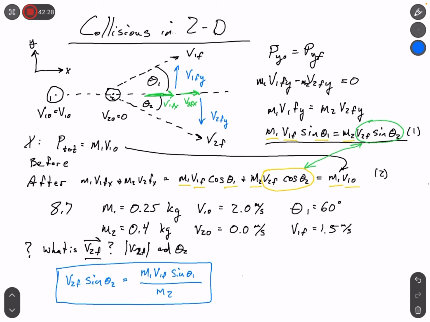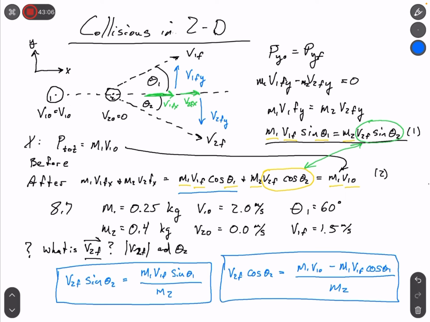The other equation, well, we have to subtract this from both sides. So we're going to end up with V2 final cosine of theta 2 equals M1 V10 minus M1 V1 final cosine of theta 1, and we're going to divide it all by M2.